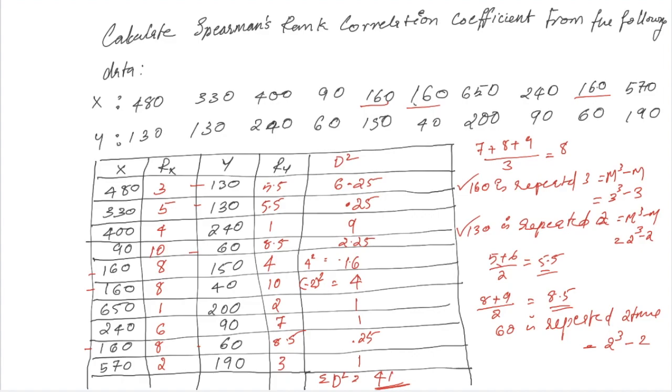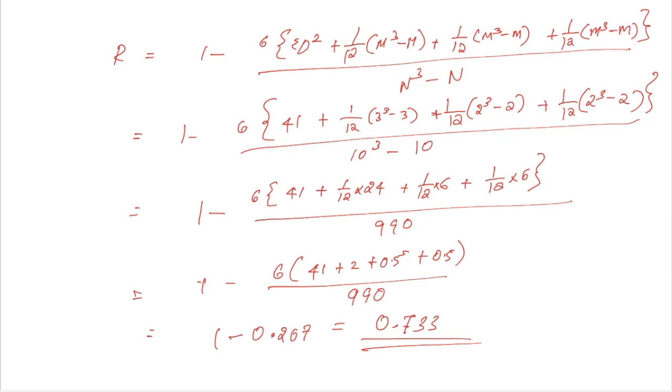Then we have some repetitions. 160 is repeated 3 times, 130 is repeated 2 times, and 60 is repeated 2 times. Now we will see how we could substitute these values in the rank correlation coefficient formula.